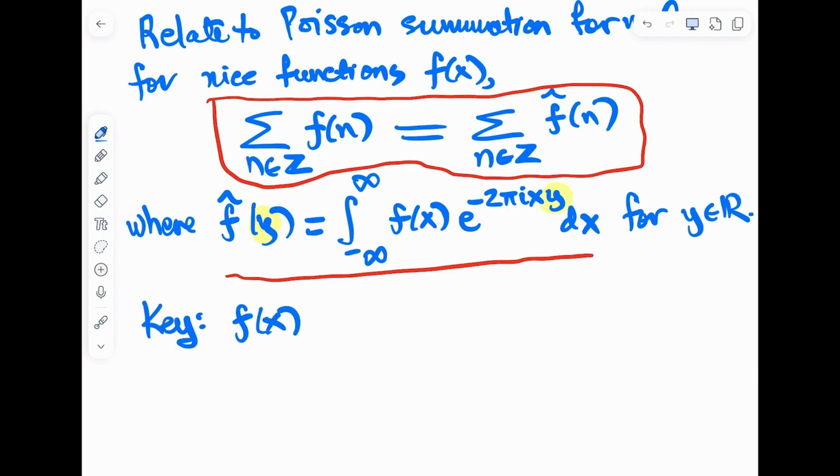And so the point is, if your function is e to the minus pi x squared, kind of miracle, its Fourier transform happens to be itself.